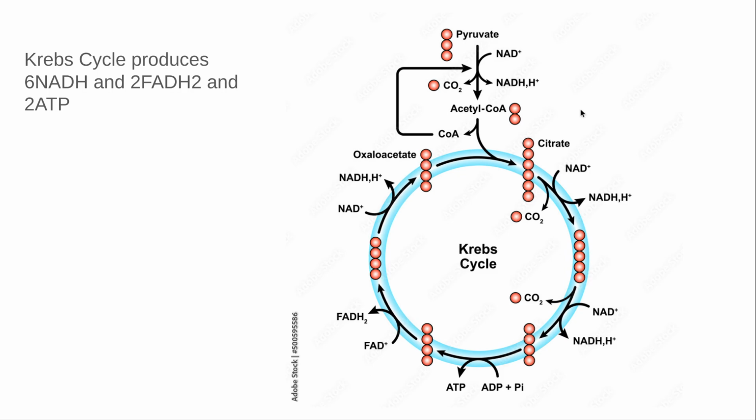So you're seeing a whole bunch of NADH molecules and FADH2 molecules being produced along with a little bit of ATP. All the energy contained in the glucose molecule is now converted into ATP molecules along with NADH molecules and FADH2 molecules.